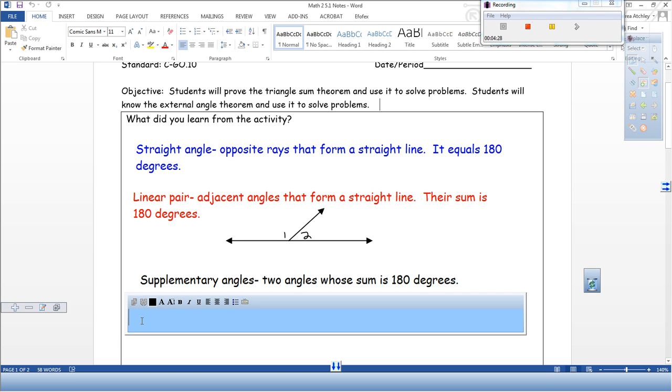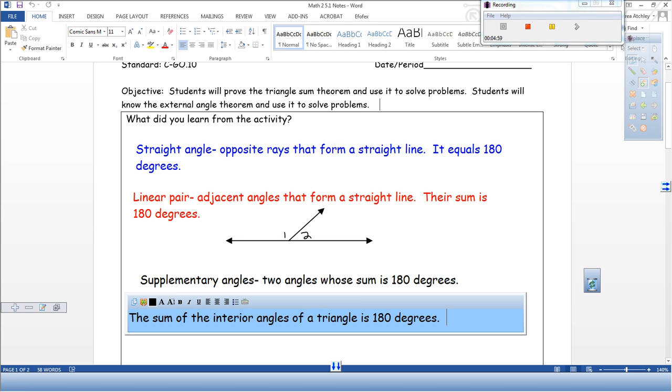Then our two theorems that we talked about were the sum of the interior angles of a triangle is 180. Okay.